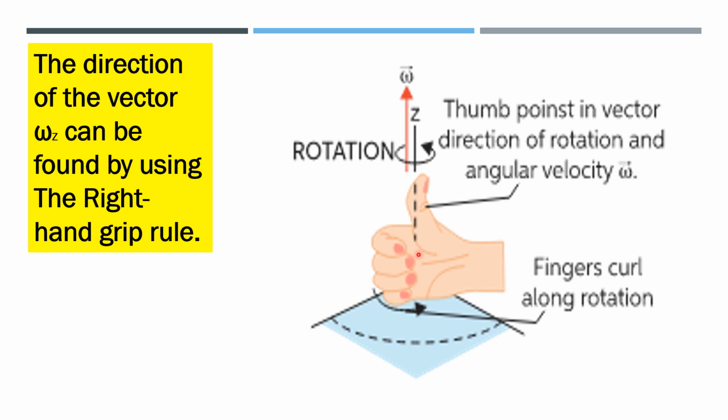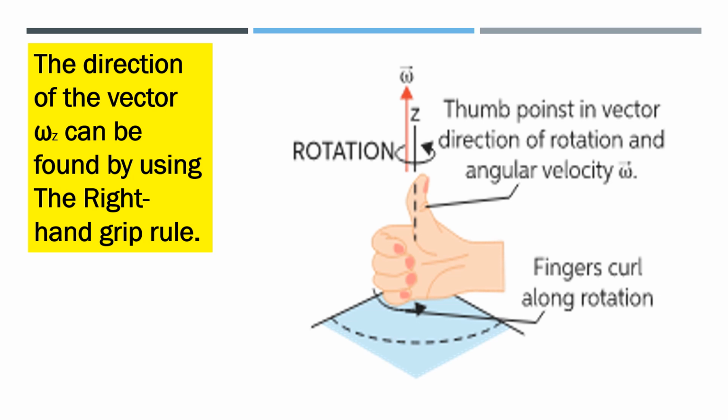Look at that circular arrow: counterclockwise, and therefore, where does your thumb point? It points towards the positive z-axis. That is how we determine the direction of the angular velocity.